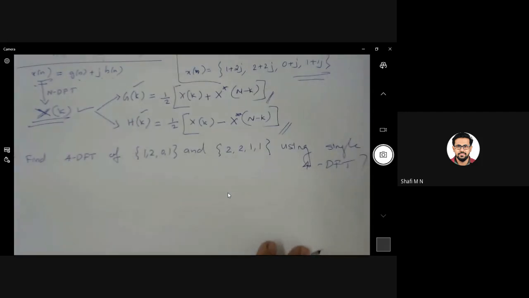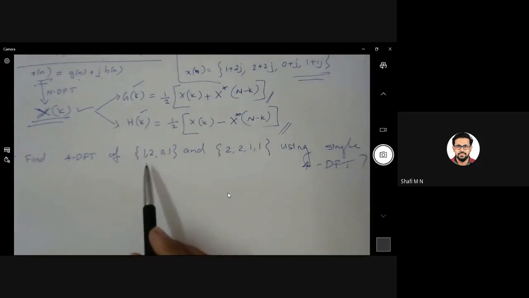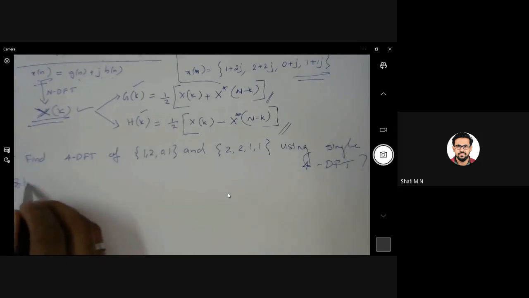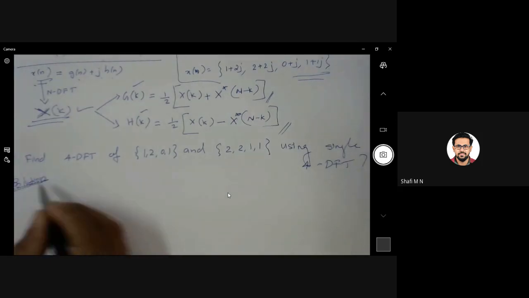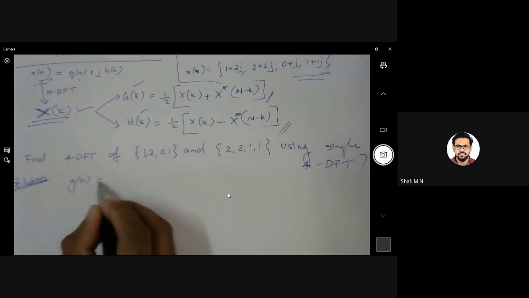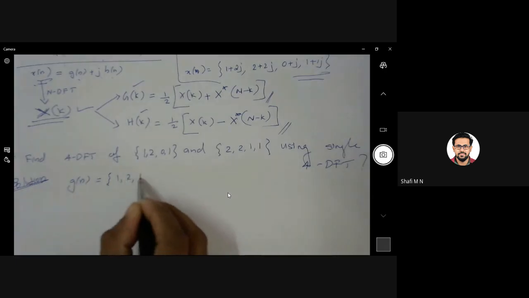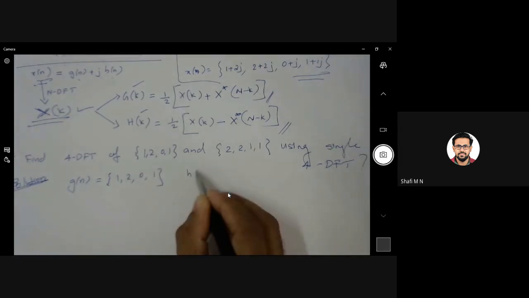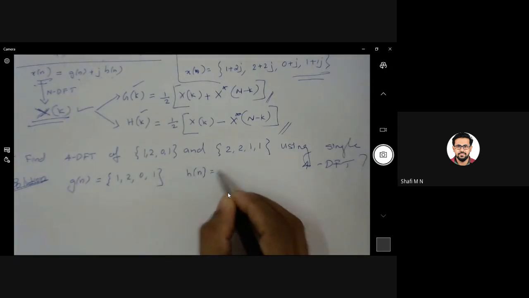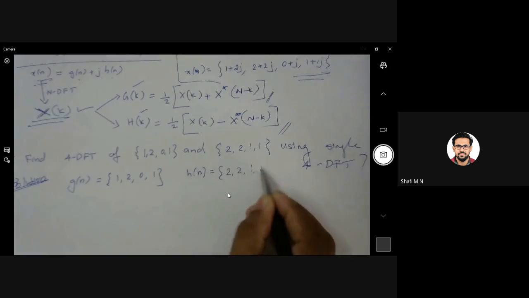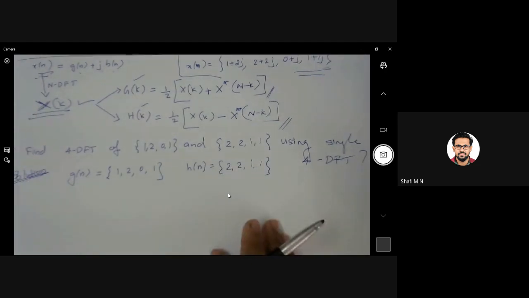You have to find the 4-point DFT of two sequences, 1201 and 2211, using single 4-point DFT. If you are doing the direct method, definitely you need two DFTs. So the method is, let me name the sequences first. Let's say g of n is equal to 1201 and h of n equal to 2211. Done with the sequences.